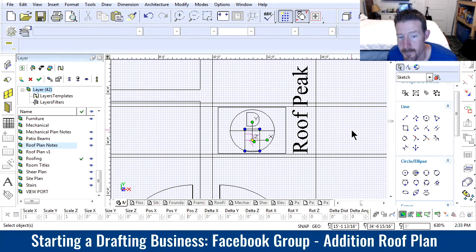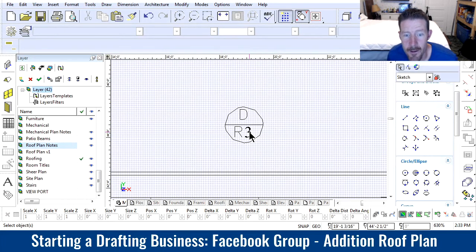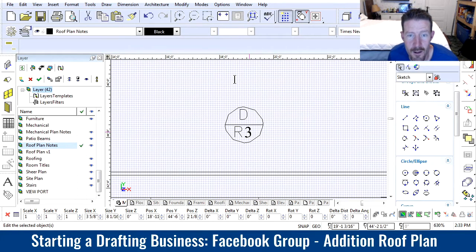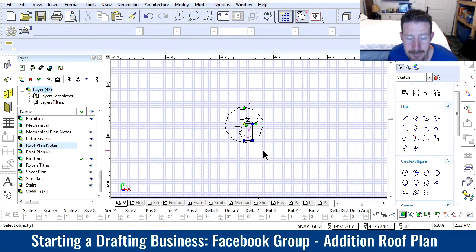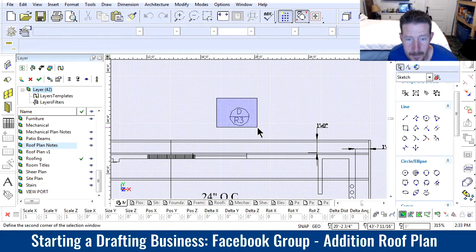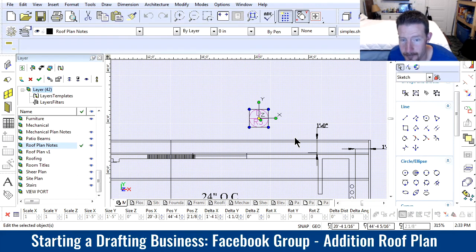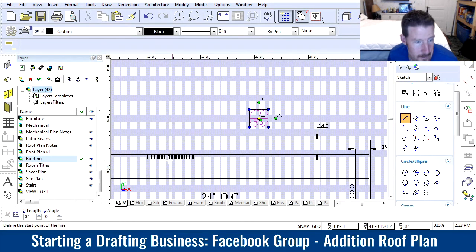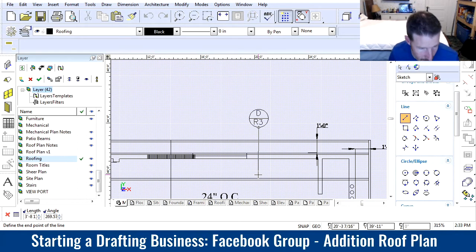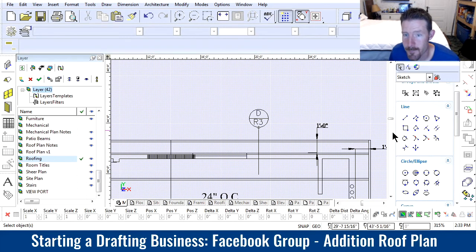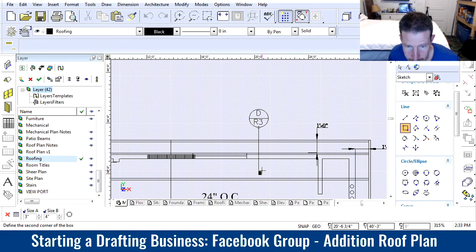There we go. That looks a lot better. Let's see, I like using this simplex font. Looks nice. At least I like it. Back to black. Oh, my bad.